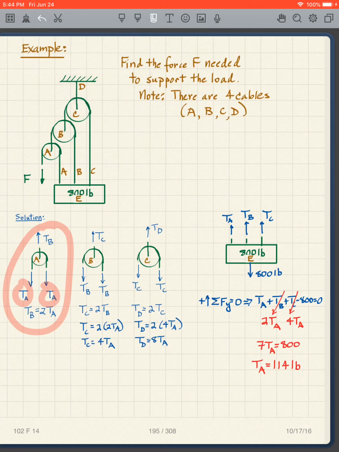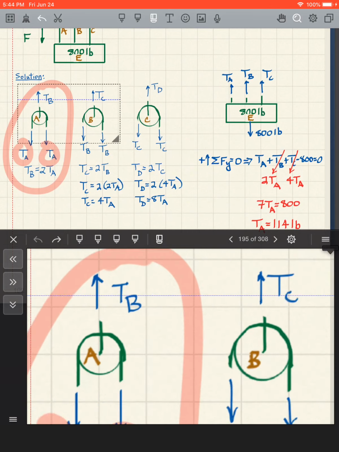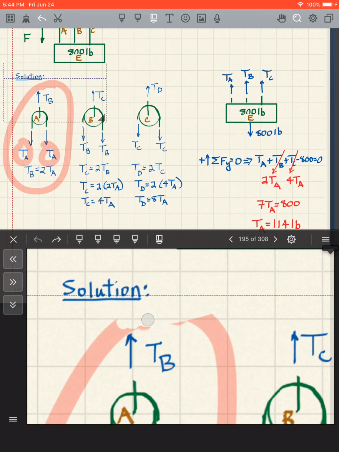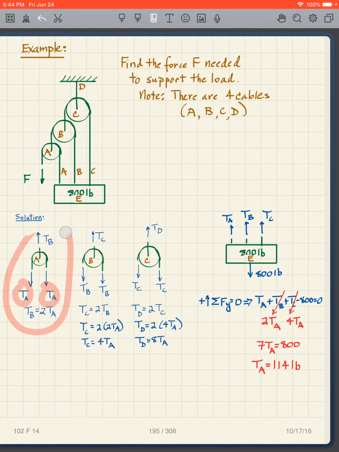Over here, let me just erase that. So for the next one, then what do I have? I have another free body diagram for this one.